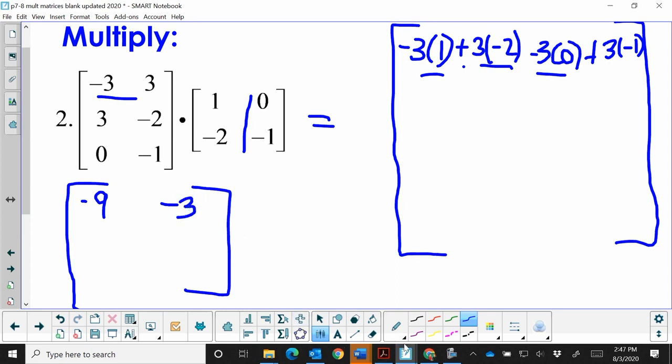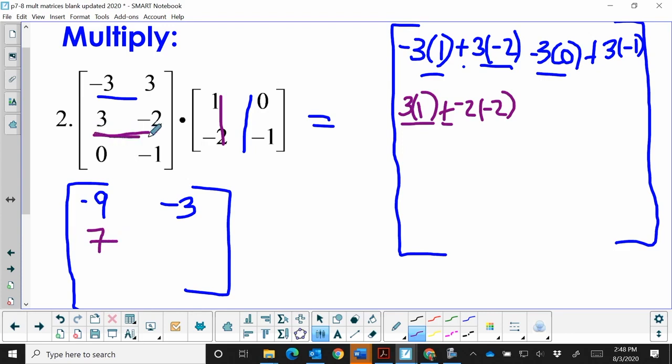So I have my first row done. Now let's go to the second row. Second row, first column. That's going to give me 3 times 1 plus second elements, -2 times -2. So that's going to give me 3 plus 4. That's 7.